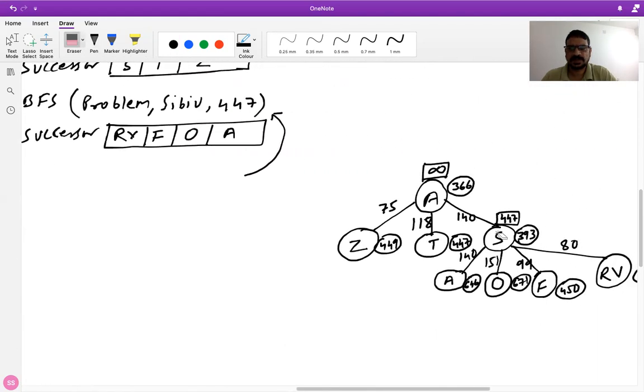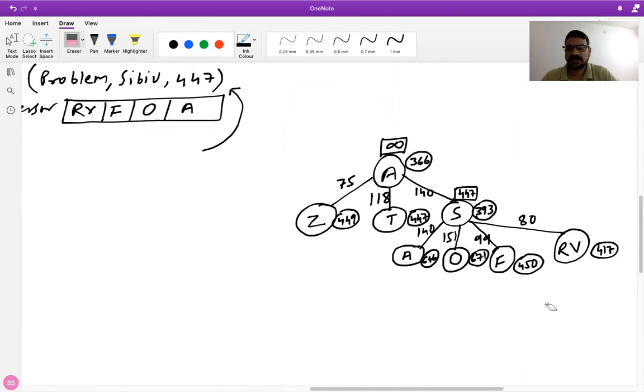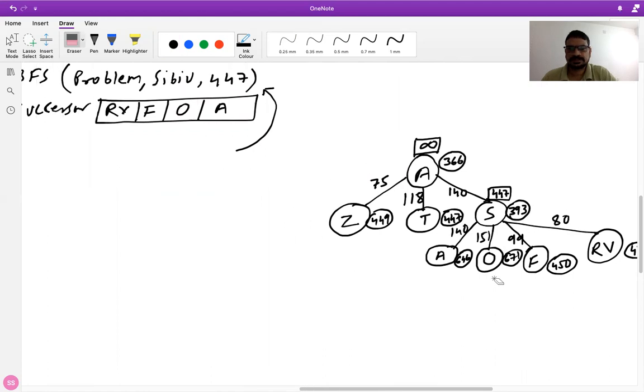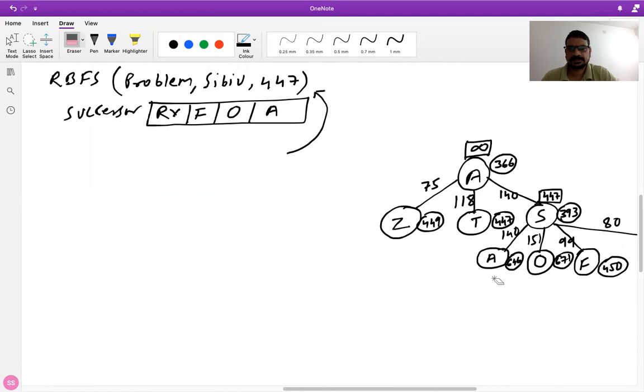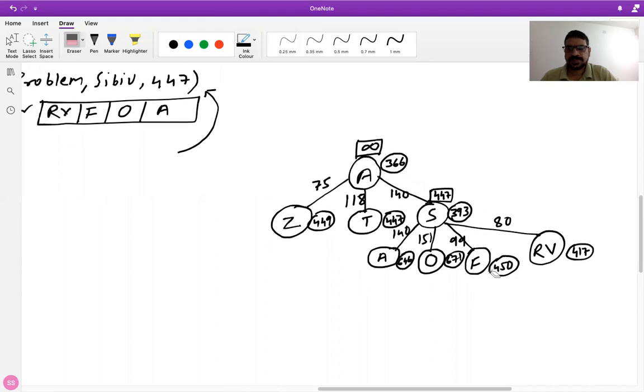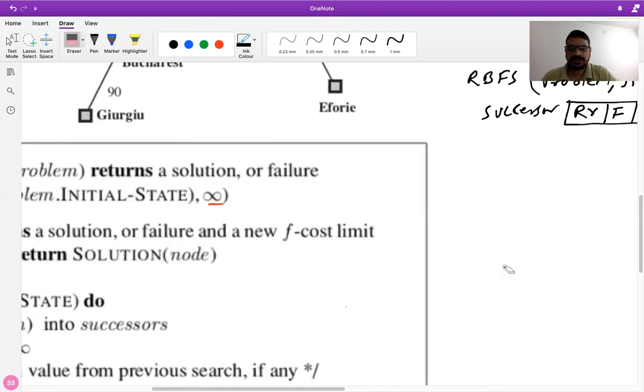Now you can see, the alternative here is 450, because with the 417, next is the 450.